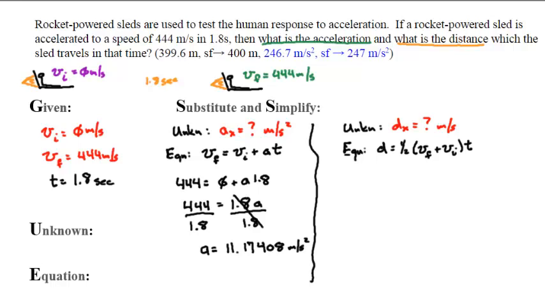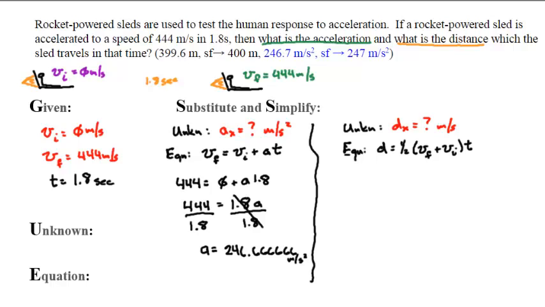And if I find the significant figures, the time here has two significant figures, and so therefore I'm going to respond with two significant figures. My acceleration is 246.66666, also known as 6 repeating, meters per second squared.